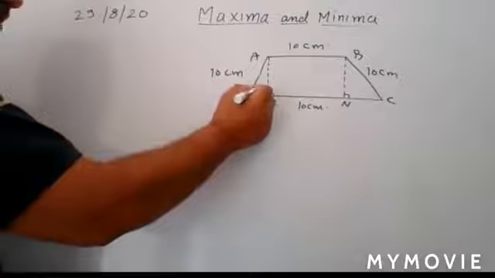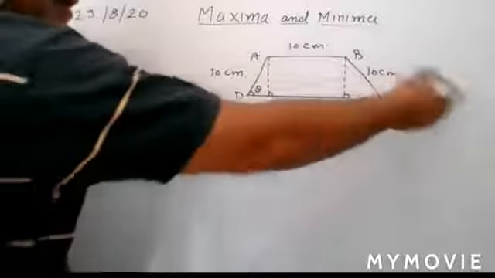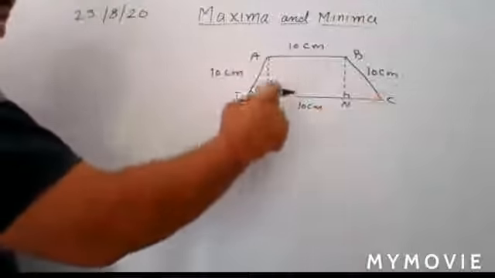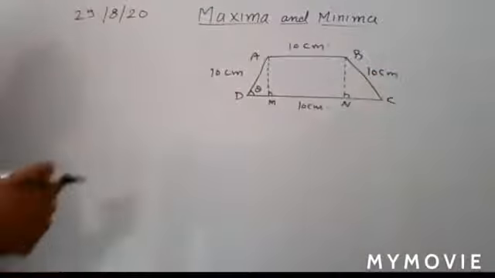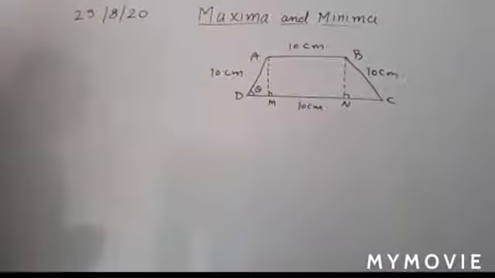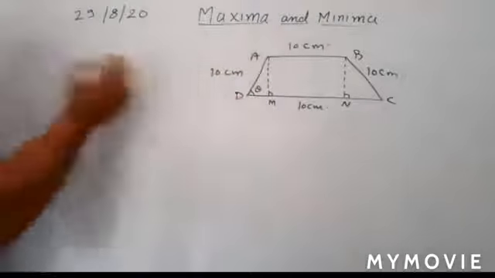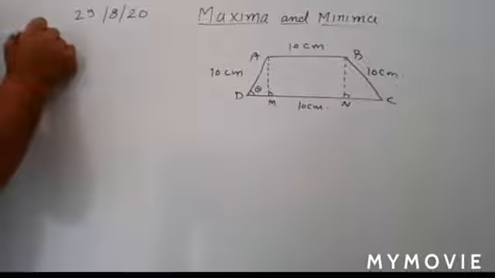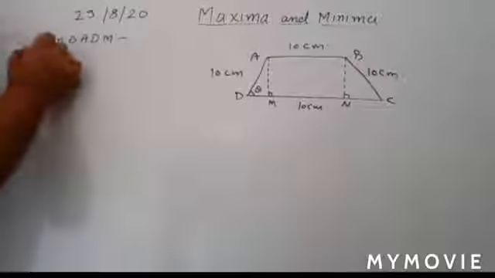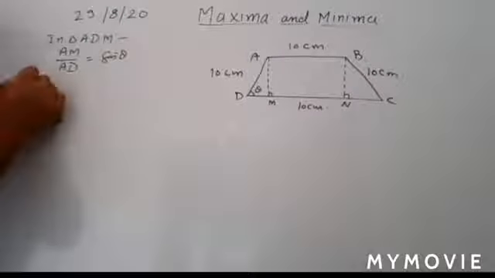Now suppose this angle is theta. By symmetry, the other angle is also theta. So these two triangles, triangle ADM and BCN, are congruent. So the distances DM and CN are also equal. So here you find with the help of this triangle, in triangle ADM, AM upon AD is sine theta.